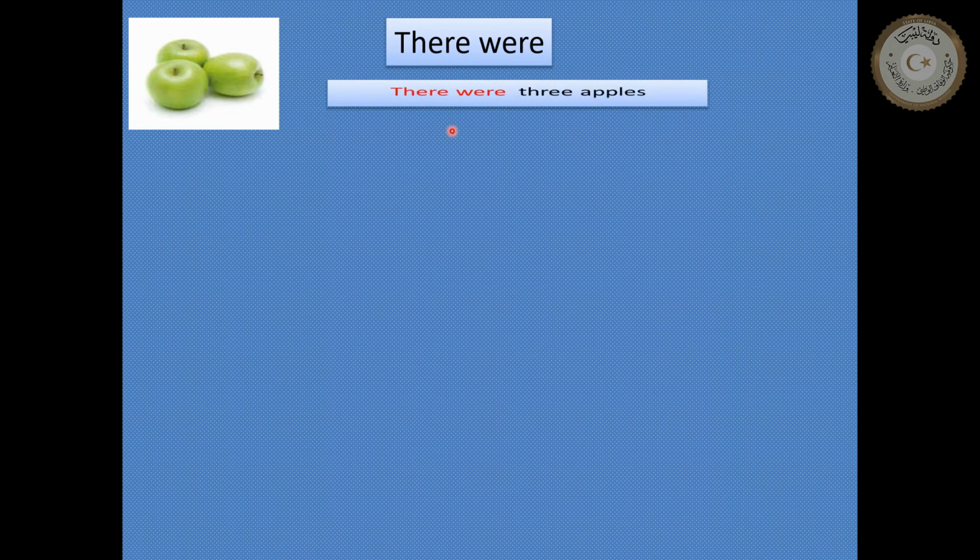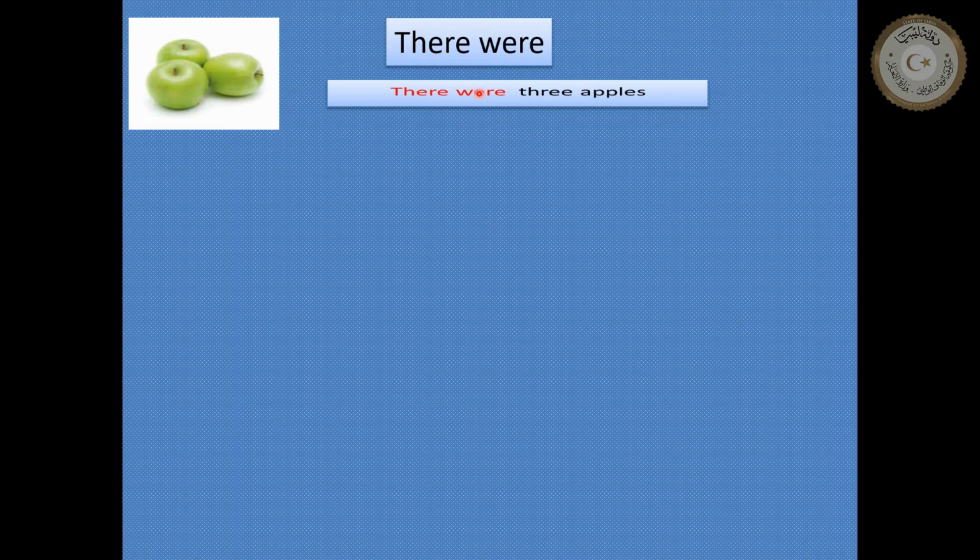Now we are going to write a sentence with there were. There were. Okay, more than 1. Do you still remember apples? How many apples were there? 3 apples. So the sentence, there was or there were? There were. Why there were? Because we have 3 apples.